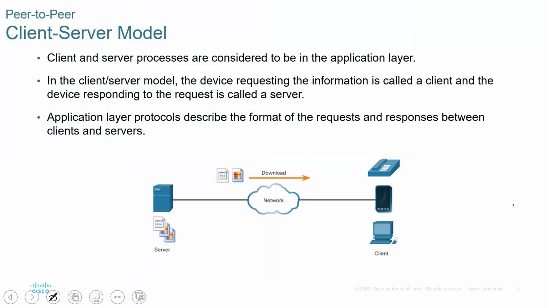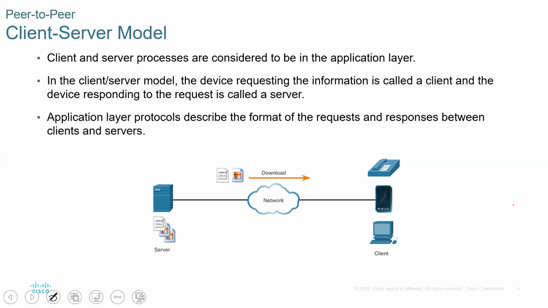Okay, so when you talk about peer-to-peer, you are talking about where you have both devices serve as client and server. A client is a system or a device that requests services from a server. A server, on the other side, is a dedicated computer that provides special services to clients.